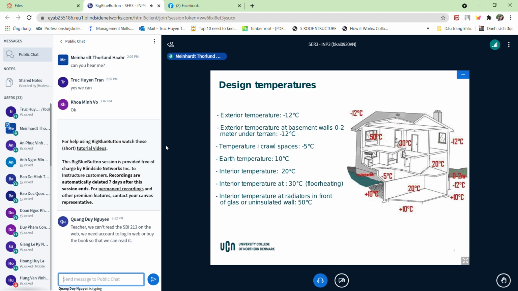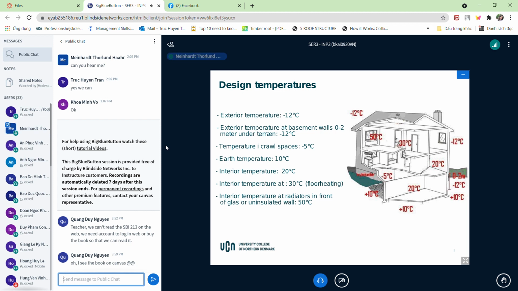Because if you have, you can do this VPN connection, and then you have local access to our school network, to the internet, and then you'll have access to that part. Or else, you can find the book on Canvas as well, but I'm not sure whether it's in Danish or English.